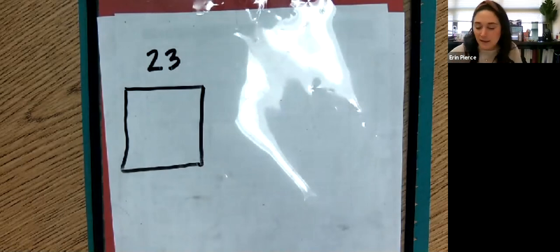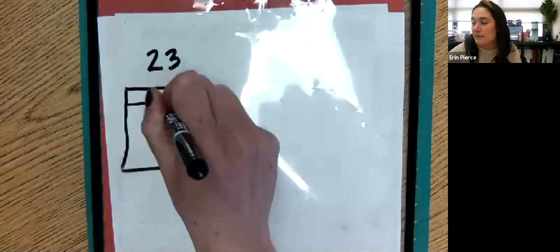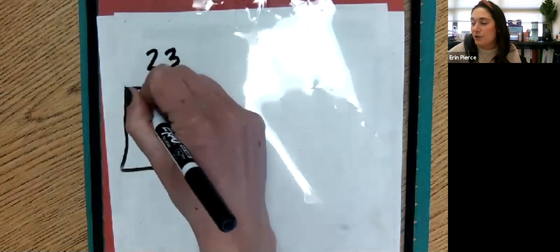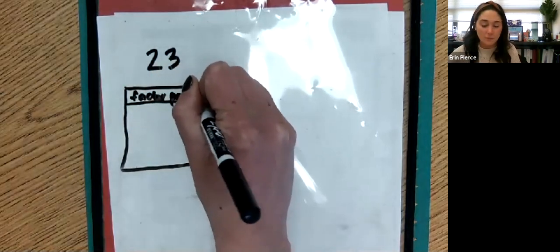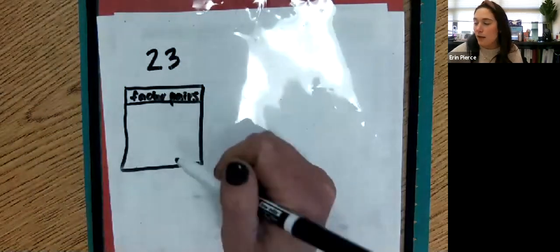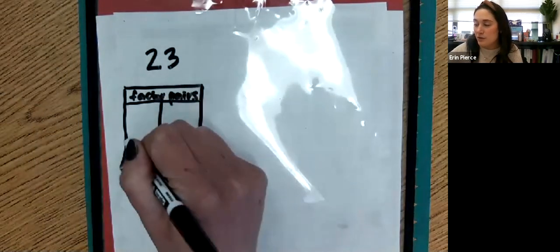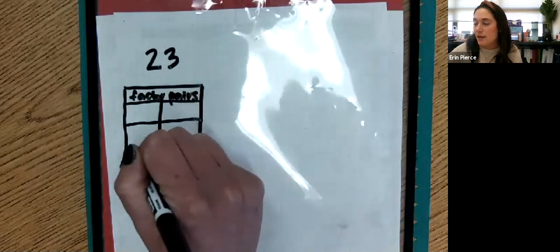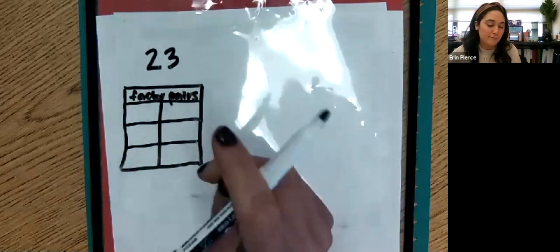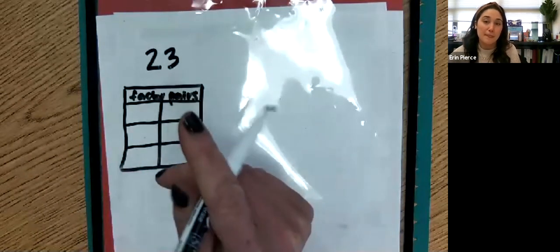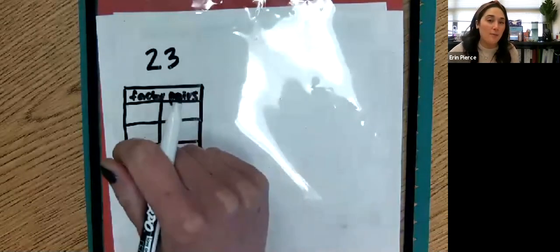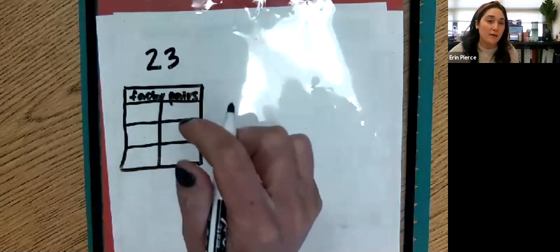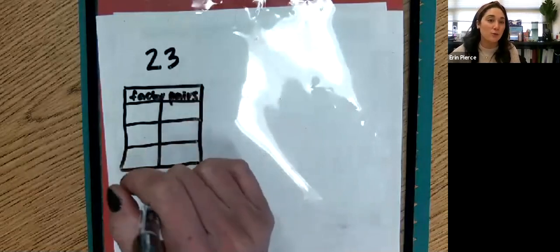It's factor pairs. Factor pairs for 23. What do you know that multiplies to the number 23? How can I fill in my table? What numbers do we know that multiply to give us 23?